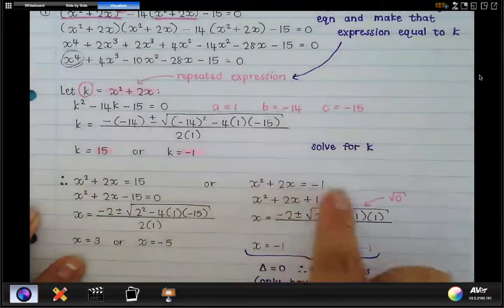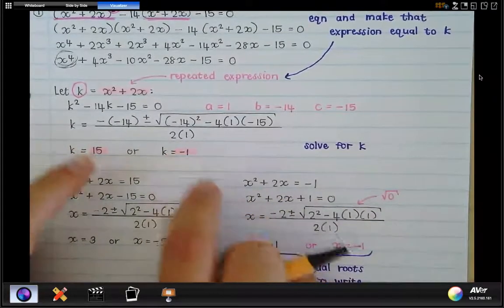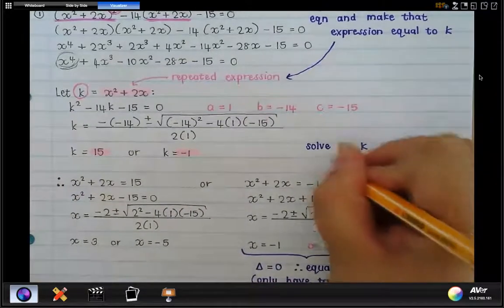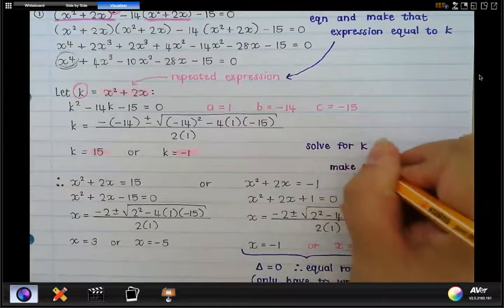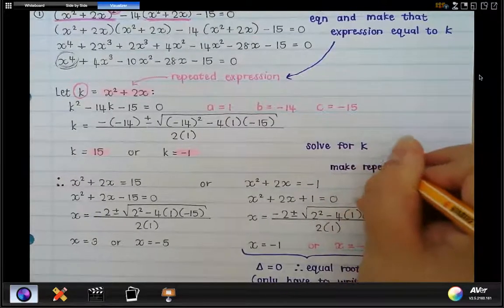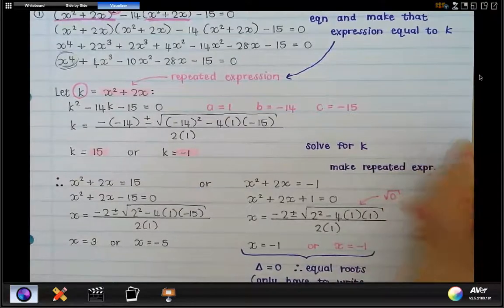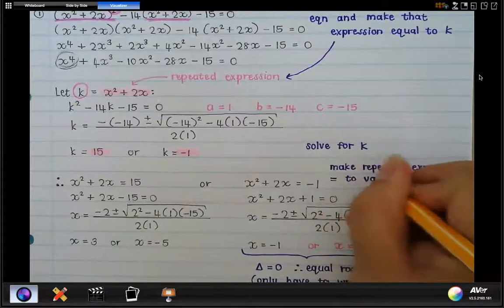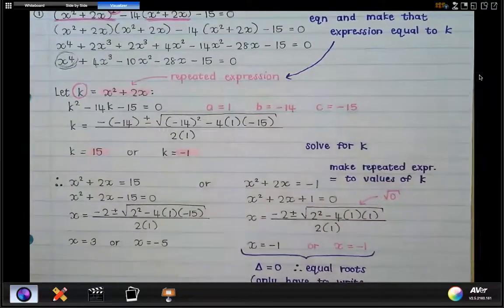Then in this line, you are going to take the answers for k and make them equal to the repeated expression again. All right, so make the repeated expression equal to the values of k.